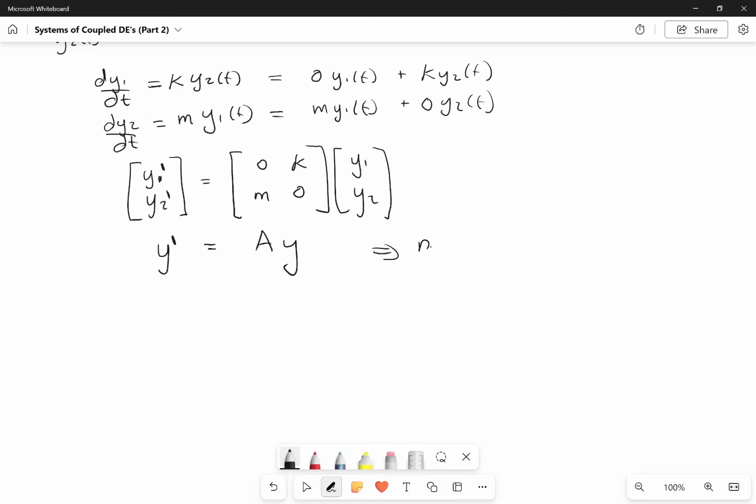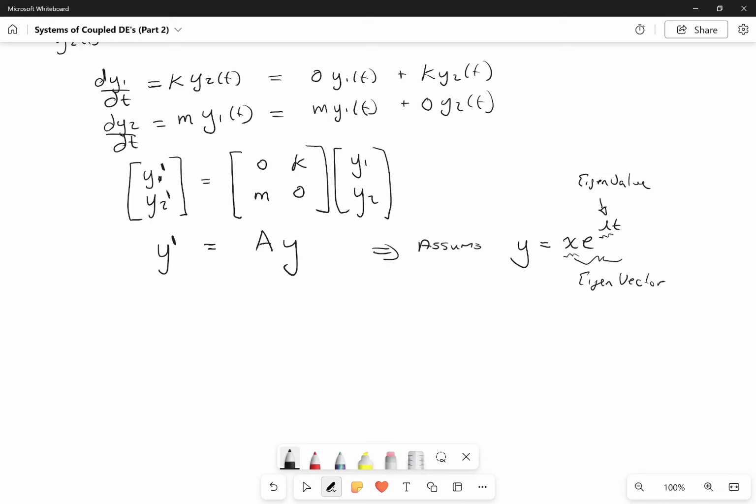So assume that the solution is of the form y equals x e to the lambda t, where lambda is our eigenvalue, and x we can consider as the eigenvector. What we're trying to do is solve for this x and solve for lambda.